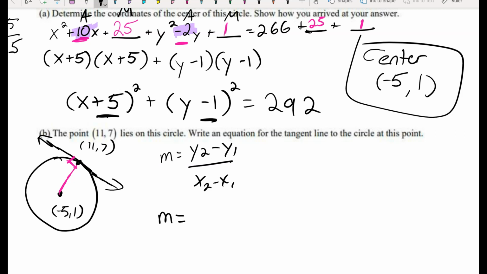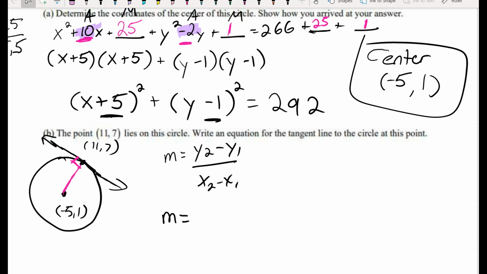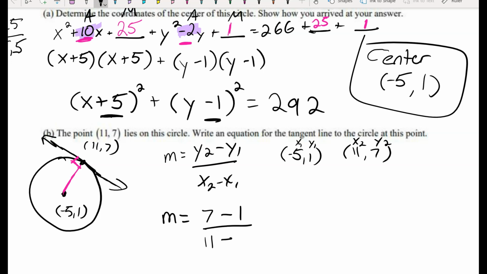Let's say if I organize my work a little bit better here, I've got negative 5, 1 as x1, y1, and 11, 7 as x2, y2. So y2 is 7 minus y1, which is 1, over x2, which is 11, minus negative 5, but again, that's just going to be plus 5 when I subtract the negative.